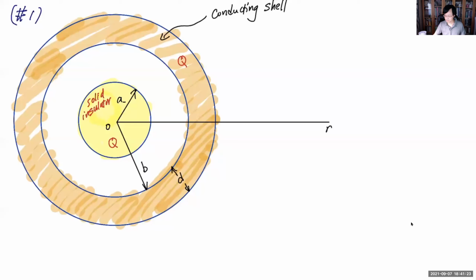Screen share, new screen share. All right, screen mirroring. Okay, can you see it?